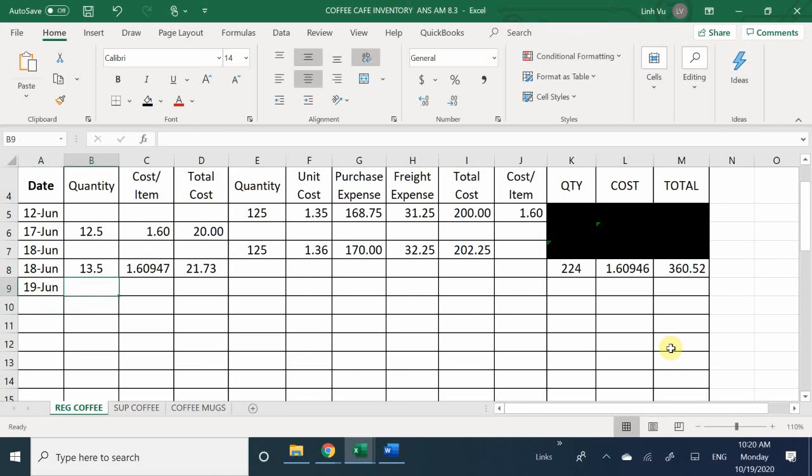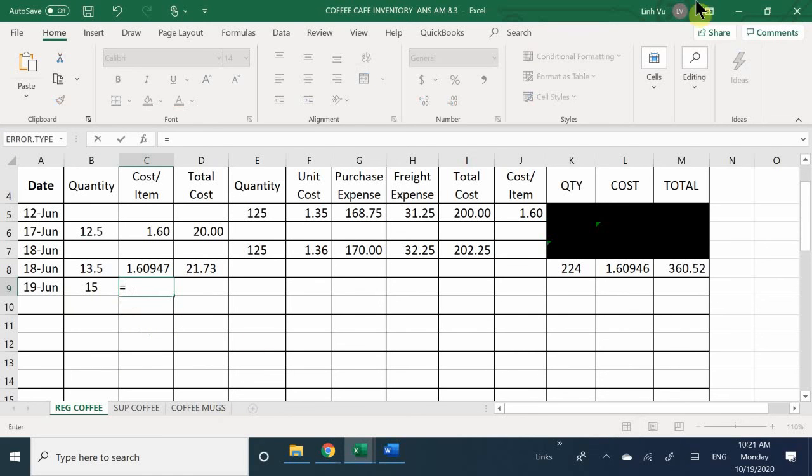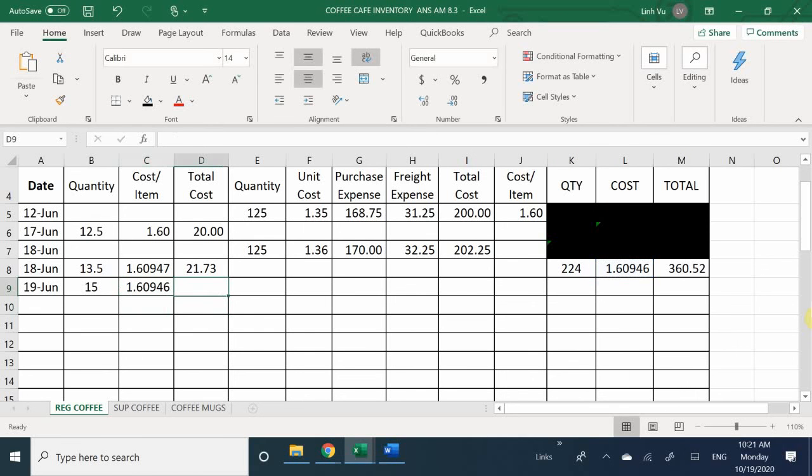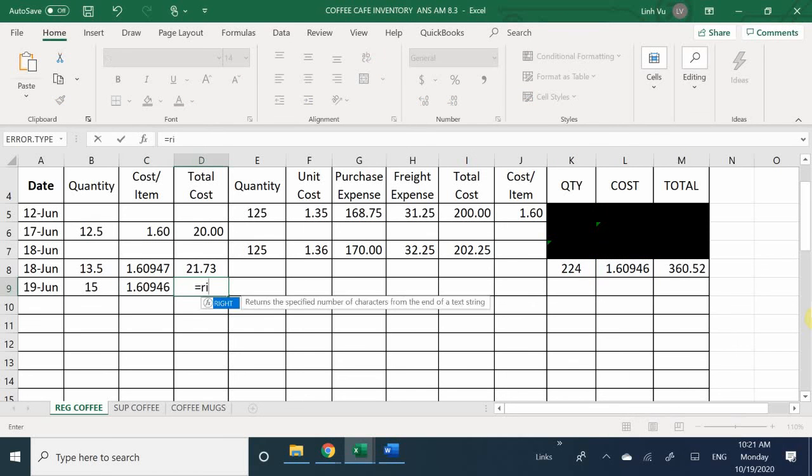So June 19, I sold 15 pounds of regular coffee. How much is it per pound to sell? 1.6946. Yes. So here again, I'm going to do my equal round so that I have a nice number.